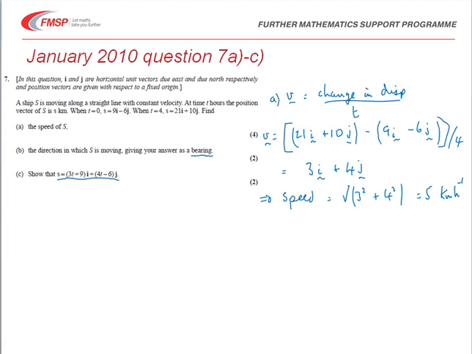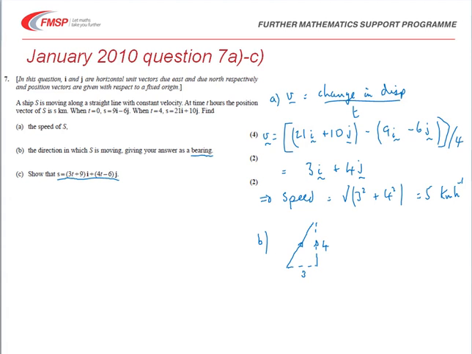Part B of the question asks for the bearing that s is moving. So we know its speed now, we know its velocity 3i plus 4j. It's worth drawing that as a diagram, because what we have here is 3 along the easterly axis, 4 on the northerly.